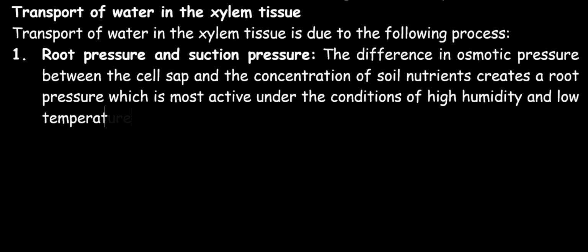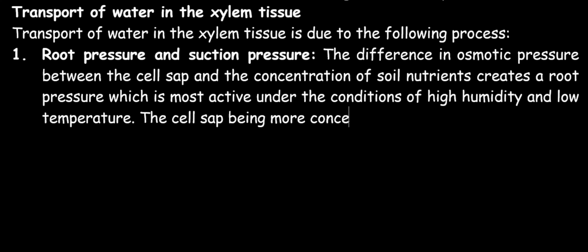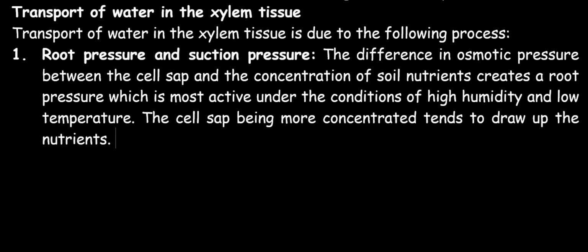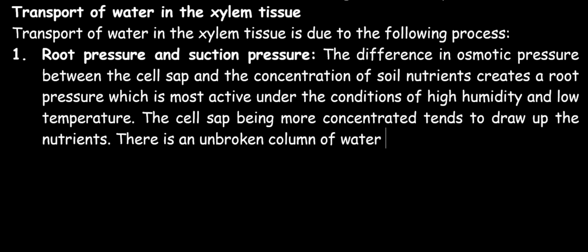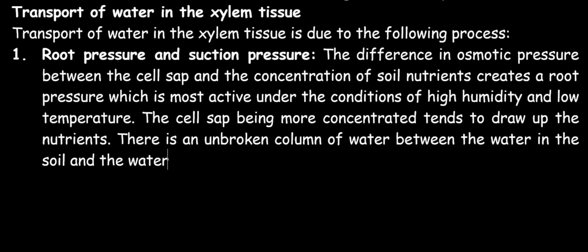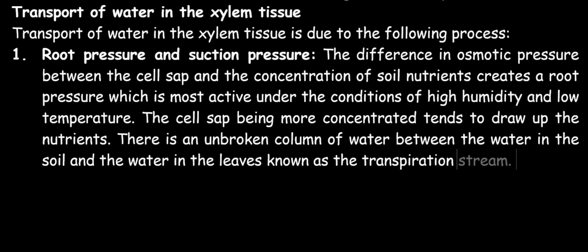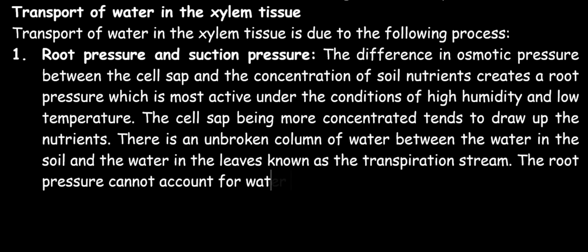The cell sap, being more concentrated, tends to draw up the nutrients, and there is an unbroken column of water between the water in the soil and the water in the leaf, and this unbroken column is known as the transpiration stream. The root pressure cannot account for water rise to the top of very tall plants.